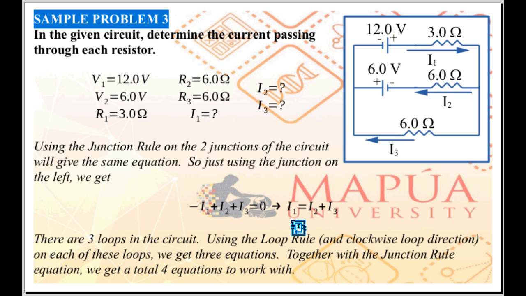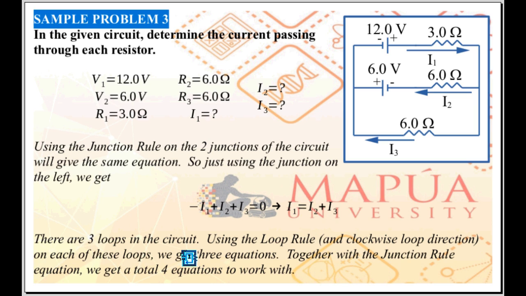Rearranging, we get I1 is equal to I2 plus I3. That is the equation that we get from the junction rule.